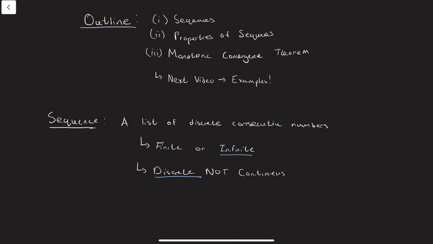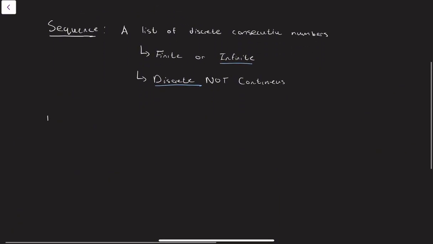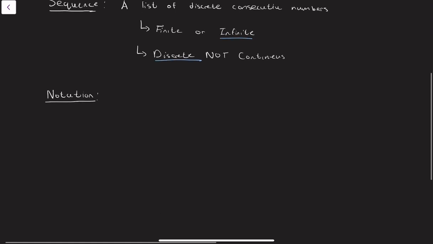Before then, let's look at some notation. What are we looking at when we say a sequence? Well, the typical notation that I'm going to use for a sequence will look similar to this. You have a_n, usually in curly brackets, where a_n is your sequence, and n equals 1 is the index of the first value.